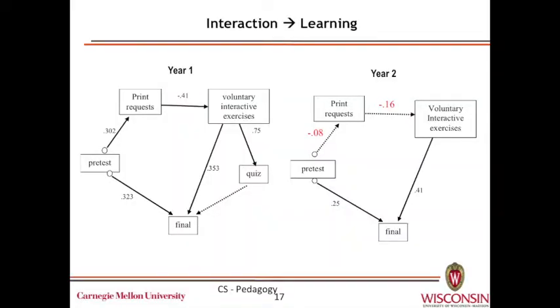So we recorded how many print requests you made, and 12 other things at least that turned out to be completely irrelevant. But we didn't know that going in. So we took a bunch of these variables and we put it through the FCI algorithm, and what we came up with was that the pretest was known to be prior to the other variables.